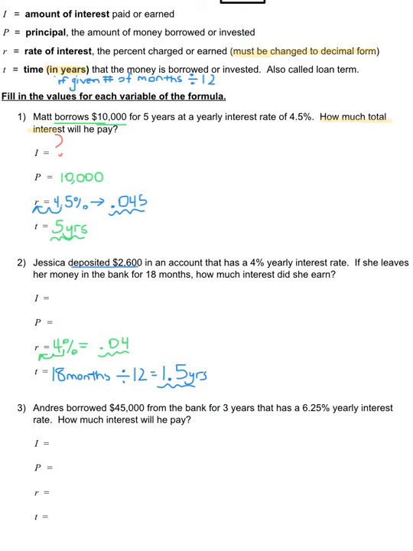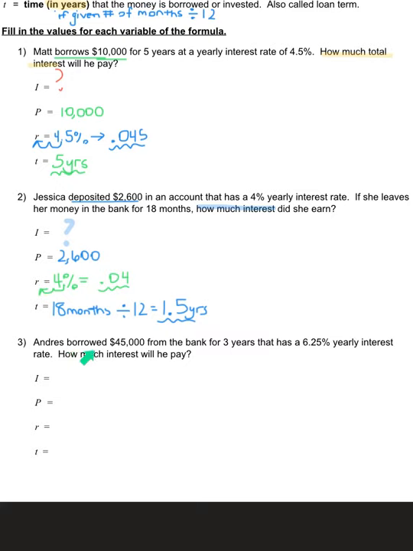That's going to be my P. So here, 2,600. And then my question, how much is the interest? So again, that's going to be the missing information. Since all I had to do was fill in the values for each variable of the formula, and it looks like I did, I am ready to move on to the next question.